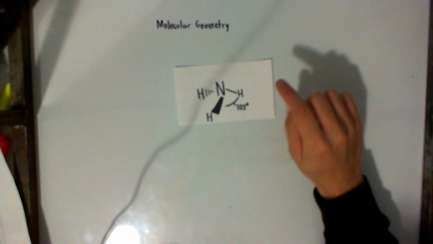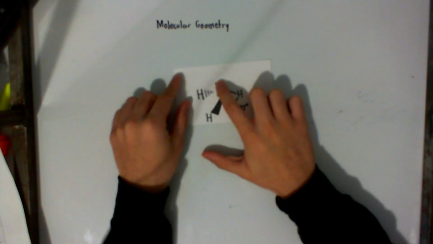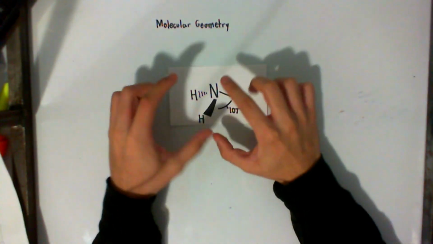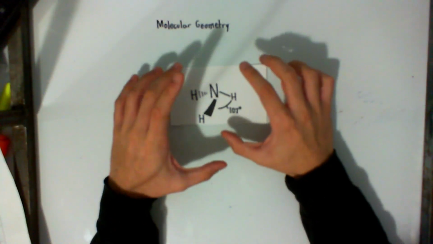That means there is an extra pair of electrons outside. You don't draw them because you can assume, with the unoccupied space and the atoms staying away from it, that it is a lone pair.